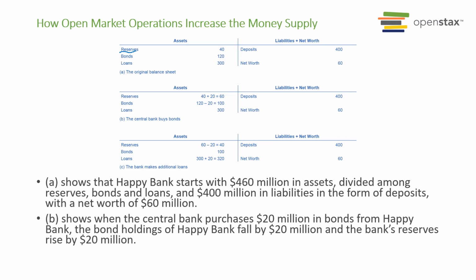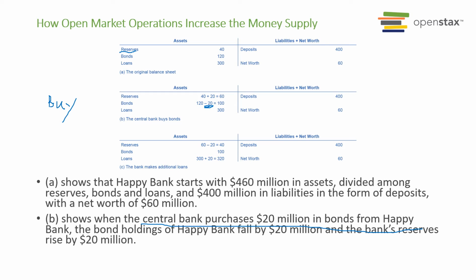Now, if the central bank, the Federal Reserve, decides to purchase $20 million of bonds from the Happy Bank, when they buy bonds, they're giving cash to the banks. So your bonds decrease by $20 million. But what do we have instead?